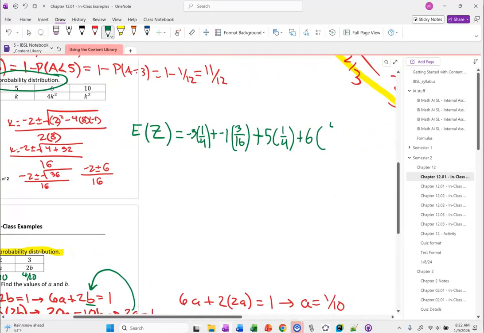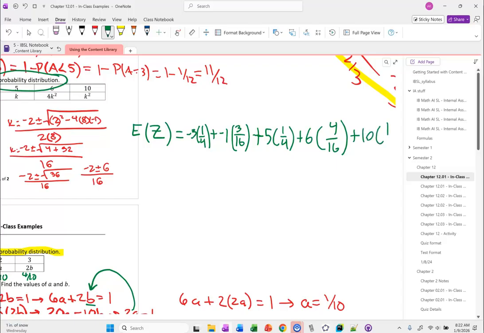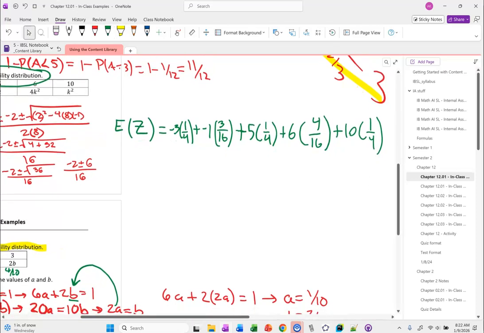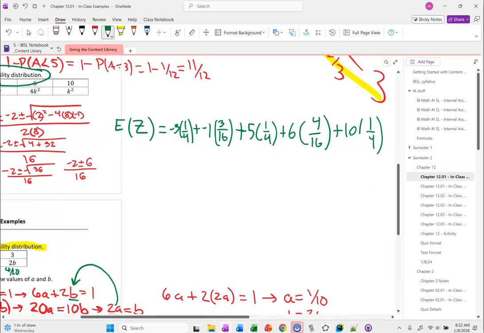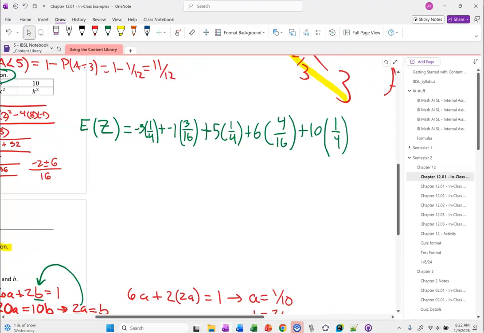I mean, you could write it as 1/4. I'm going to just make it simple so it's easy to see where we got it. Yeah, I got 2.44. Is that right? Yeah, 2.44 rounded to 3 sig figs is the correct answer.